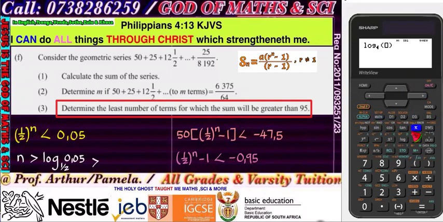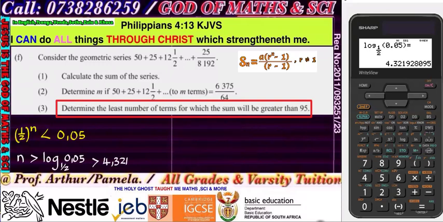So I've got logarithm, the base is 1 over 2, go to the brackets there, 0.05. There we go. You see? So our number must be greater than 4.321.